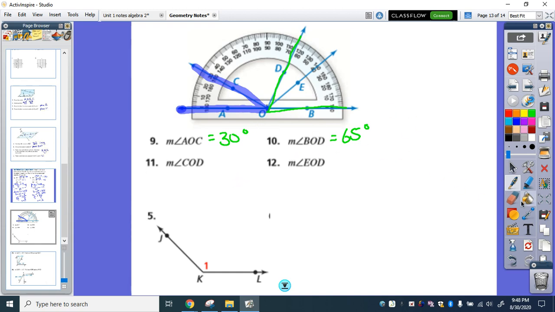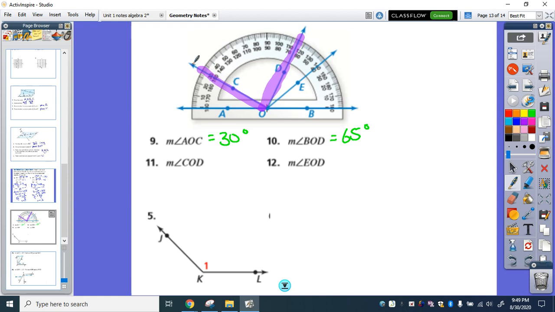Now, the one that might give people trouble is angle COD, so I'm going to take all of these markings off of here so we can highlight just angle COD. So COD, if we're just looking at that angle, what I would suggest everyone do is look at the numbers either again outside or inside.